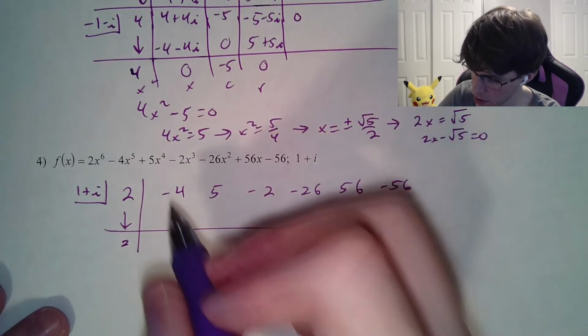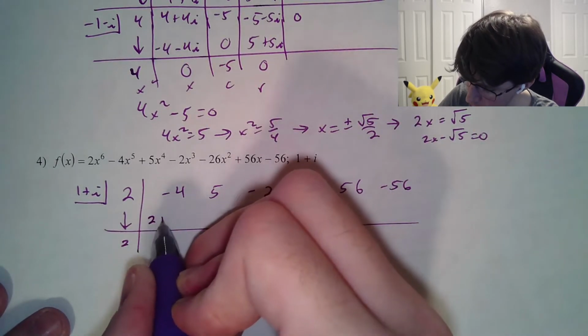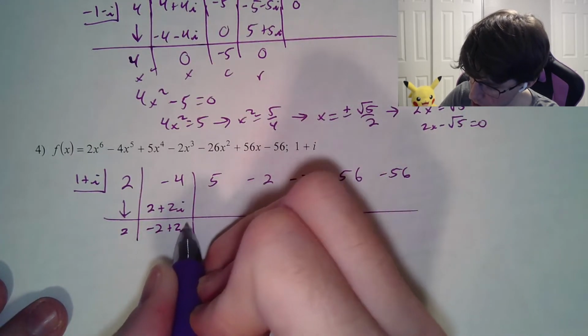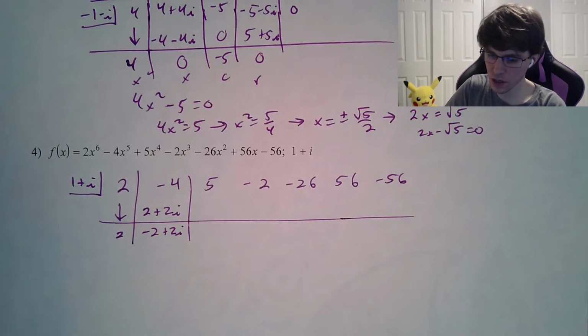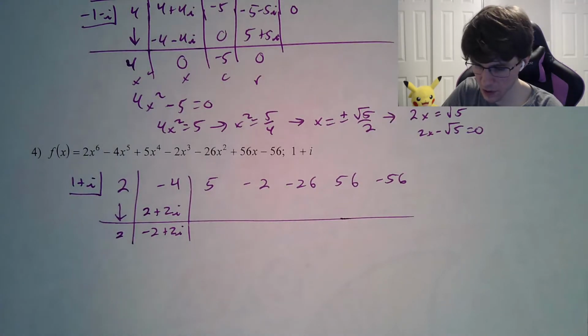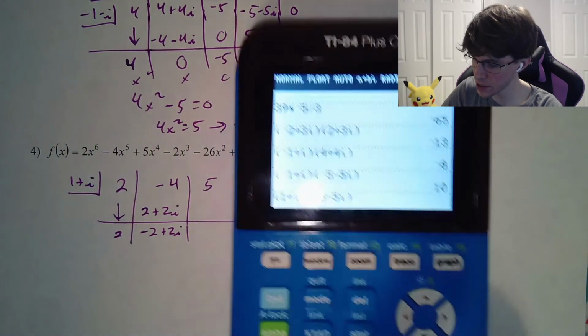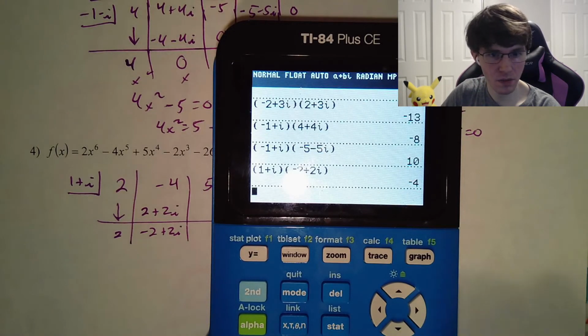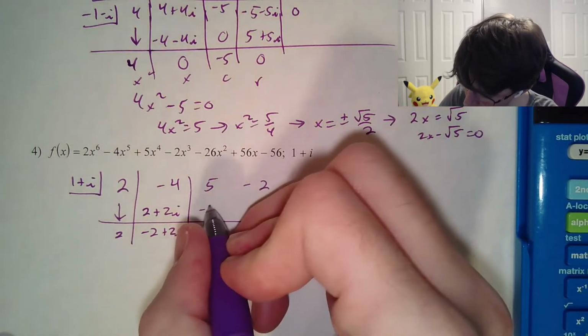We're in precalculus. All right, so 2 plus 2i, negative 2 plus 2i, and again, we are going to use our calculator to our benefit. Oh, you can't even see what I'm typing in. I'm doing 1 plus i, and I'm typing in the negative 2 plus 2i, and that gives you negative 4.